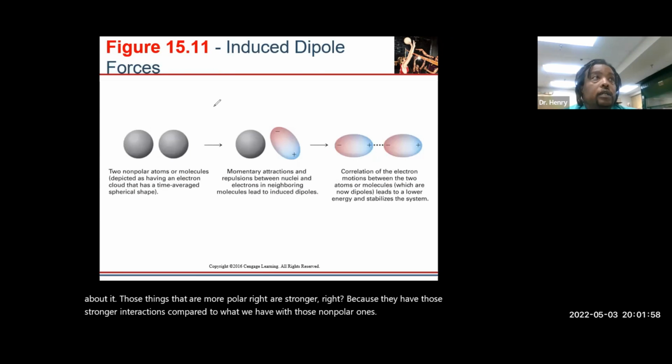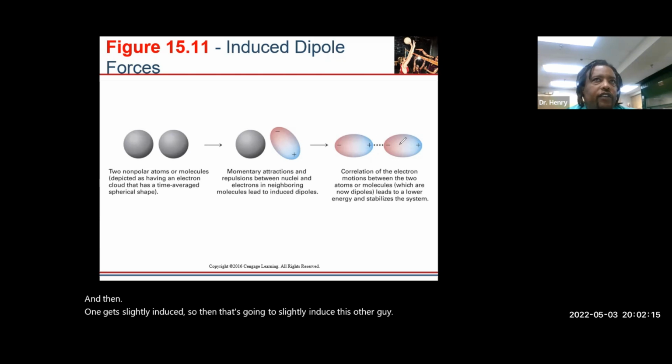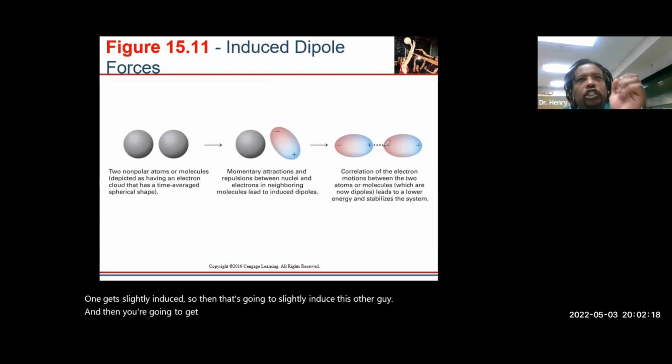Okay, so two nonpolar molecules, right? This is basically their starting point. So what happens if they're both nonpolar, and then one gets slightly induced, so then that's going to slightly induce this other guy, and then you're going to get interactions. But this is such a quick moment.